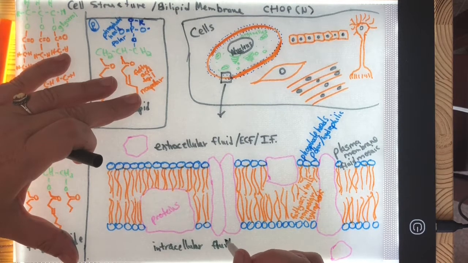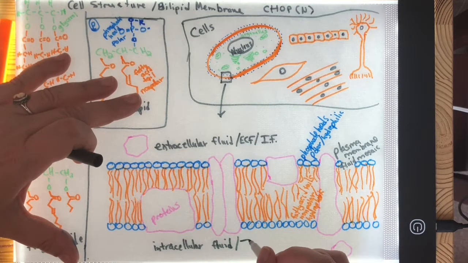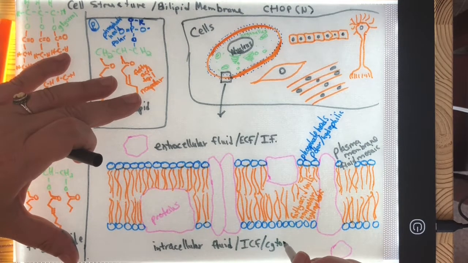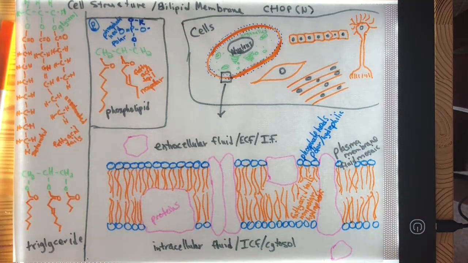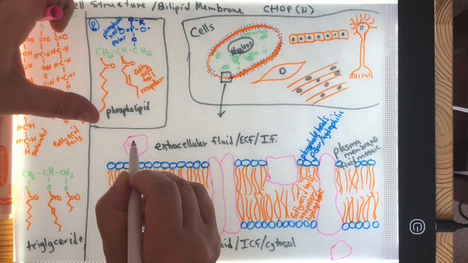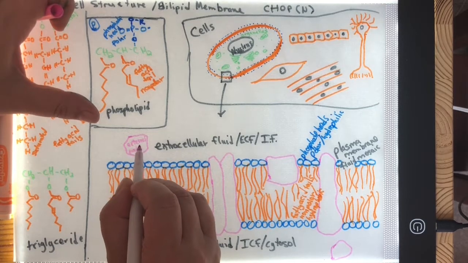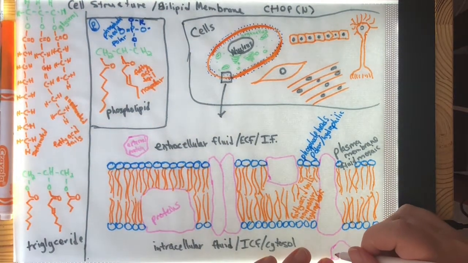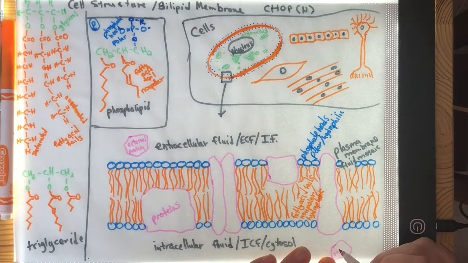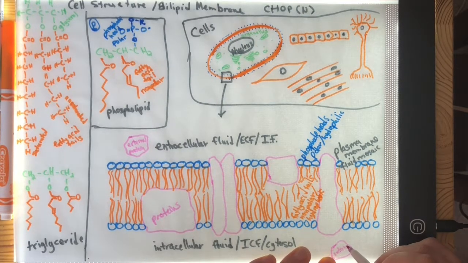And the inside of the cell is going to be portrayed down below, so we call it intracellular fluid, or ICF, or it's also called the cytosol, which is that jelly-like fluid inside of your cells. So now we can go ahead and label this chunky little protein as one of the external proteins, this one here as one of the internal proteins.